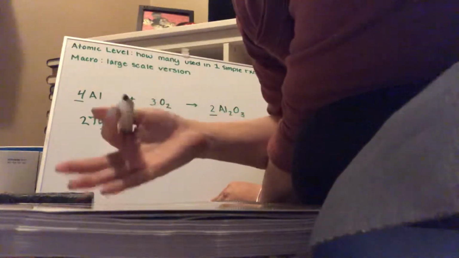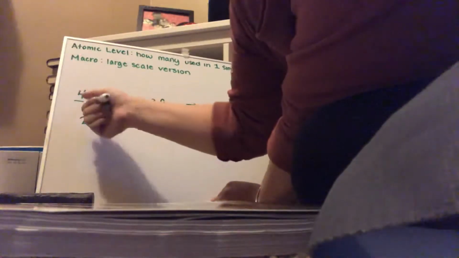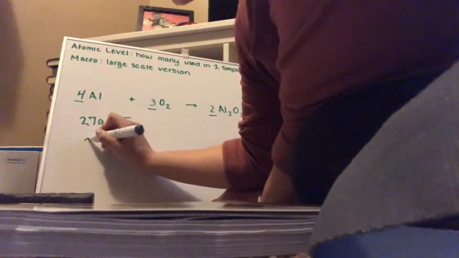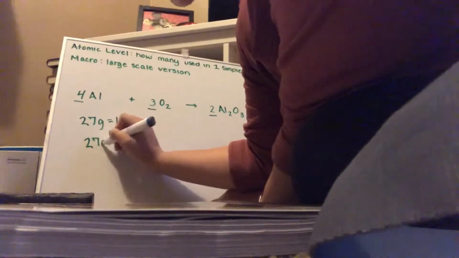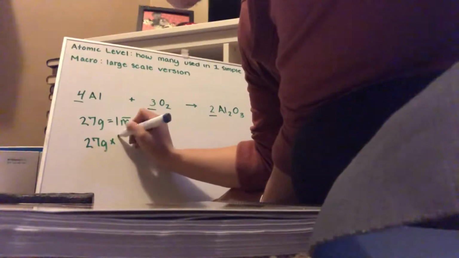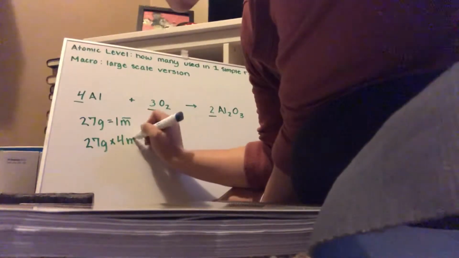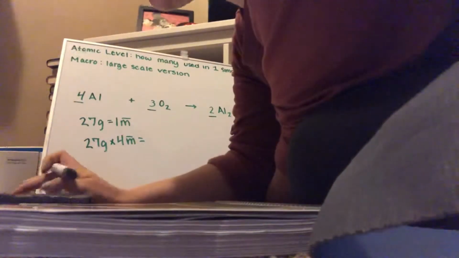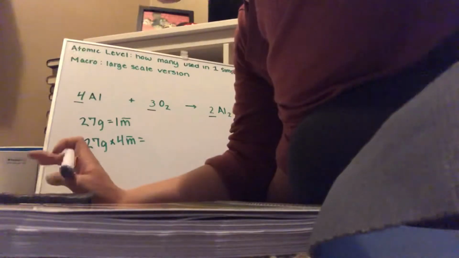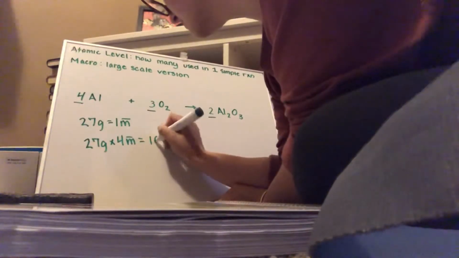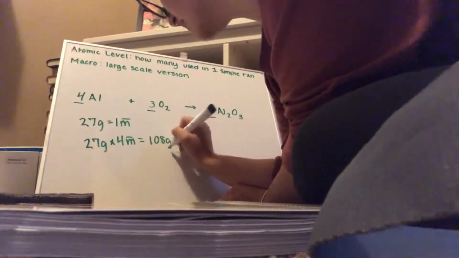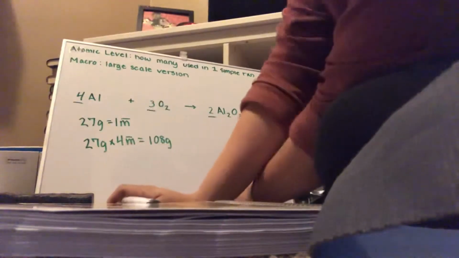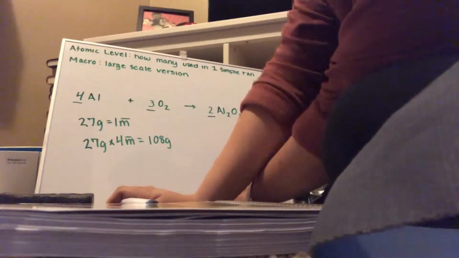Now, if you wanted to know how much all 4 of these weighed together, that's just 27 grams times 4, and that is 108 grams. And that's how many are in your aluminum.